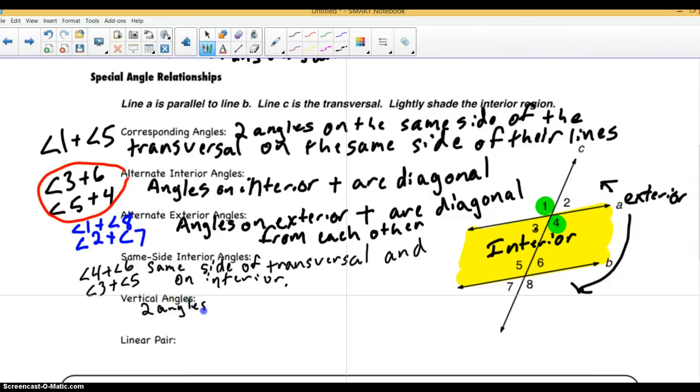Two angles on the same two lines that are diagonal from each other.